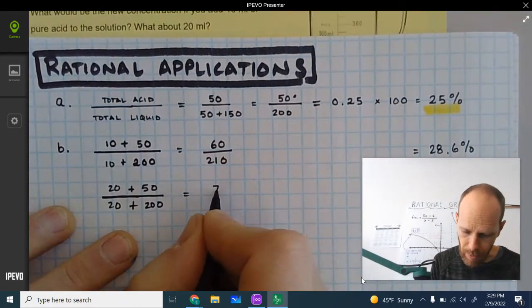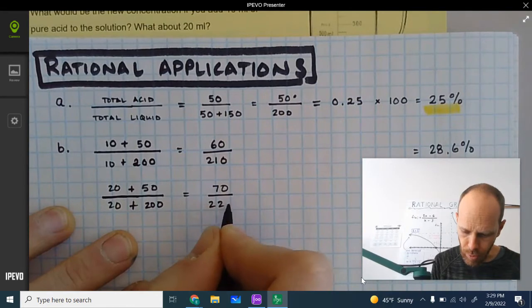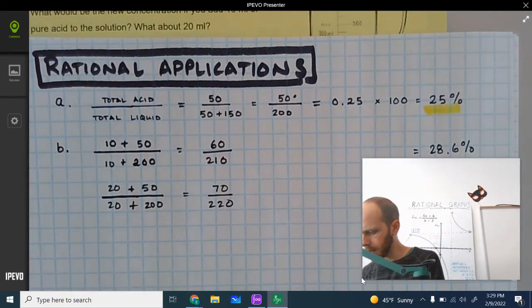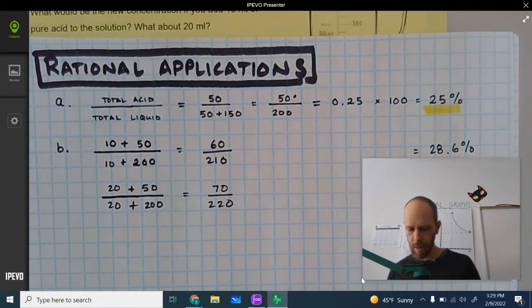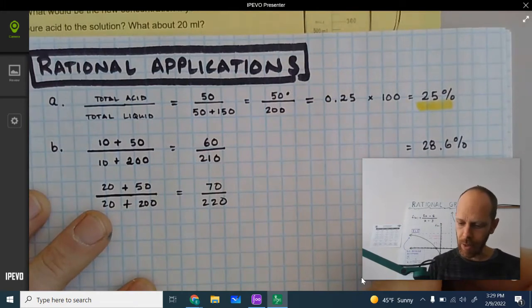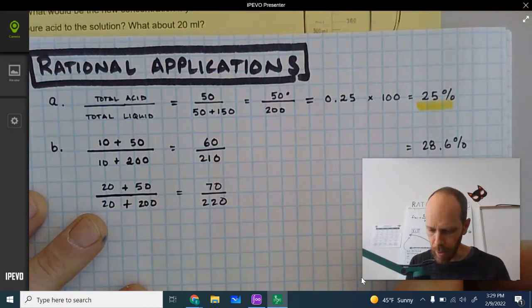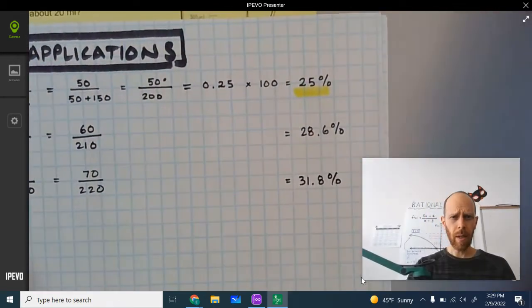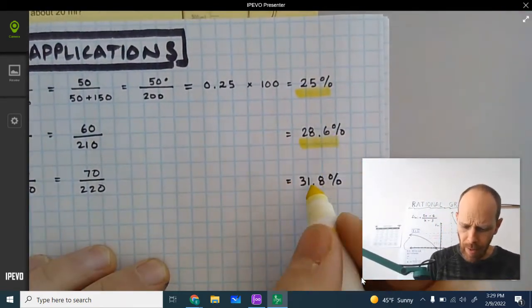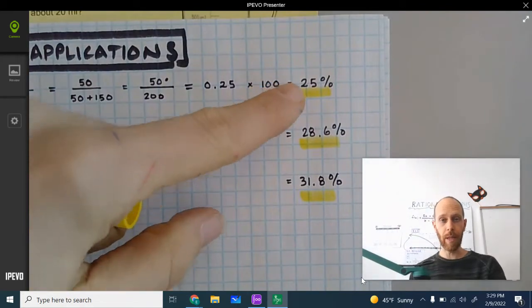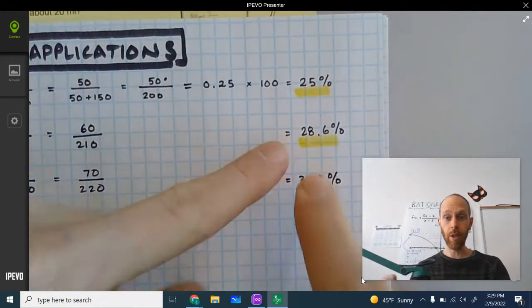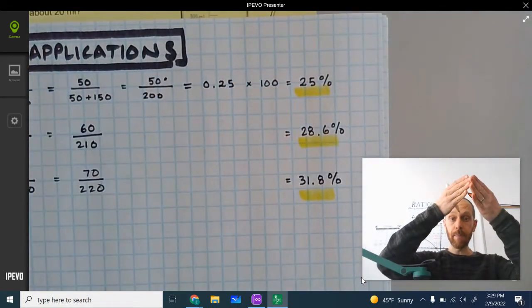So that would give us 70 over 220. That raises our concentration up to 31.8%. Okay, so here's some things that shouldn't surprise us. As we're adding more pure acid, we can watch our concentration going up.